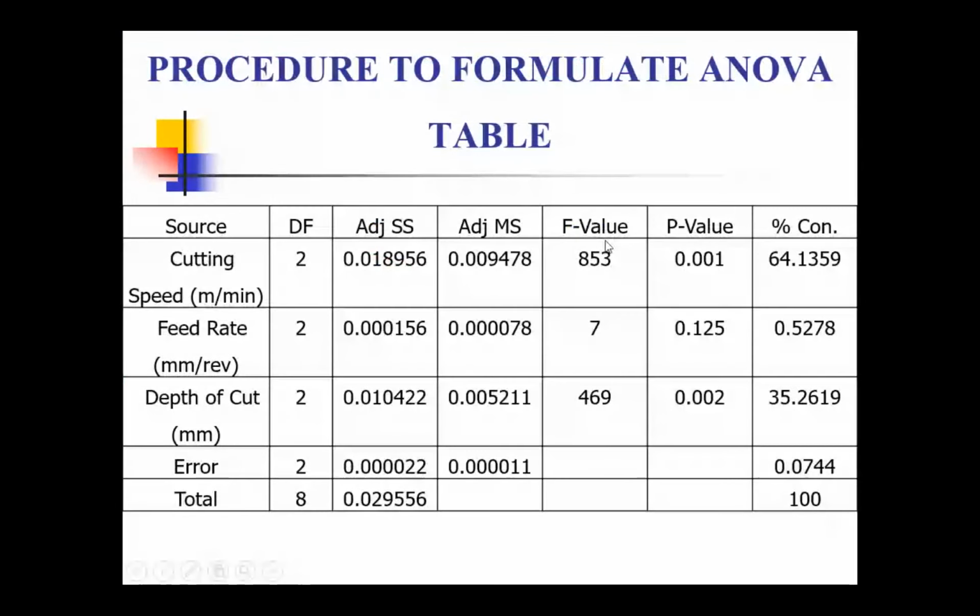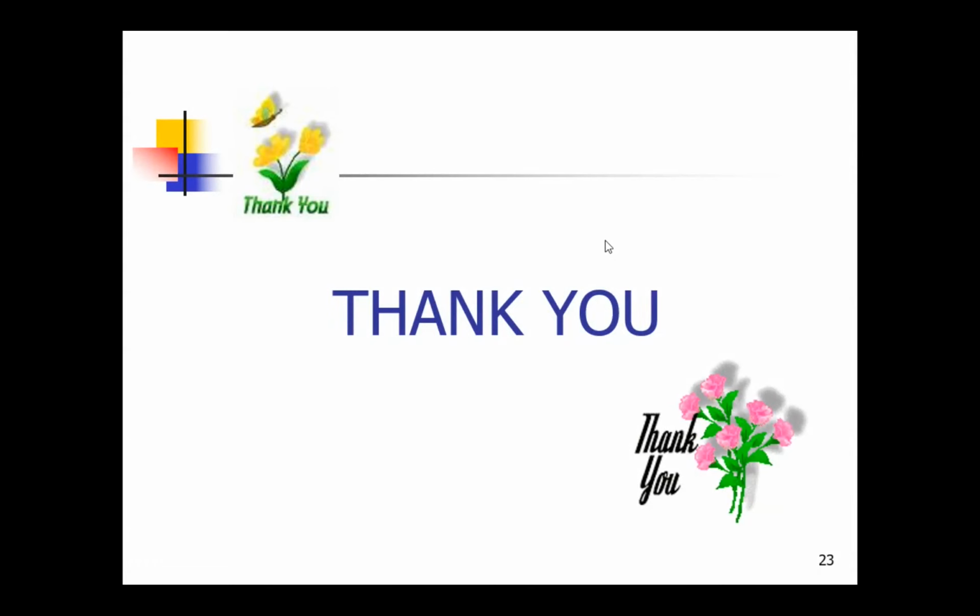So that is the procedure to formulate the ANOVA table. I hope you are well versed with this ANOVA table, how to formulate the null hypothesis, what assumptions are to be made, and the formulas that relate to the ANOVA table, and how to manually work out an ANOVA table for this orthogonal array or for full factorials.